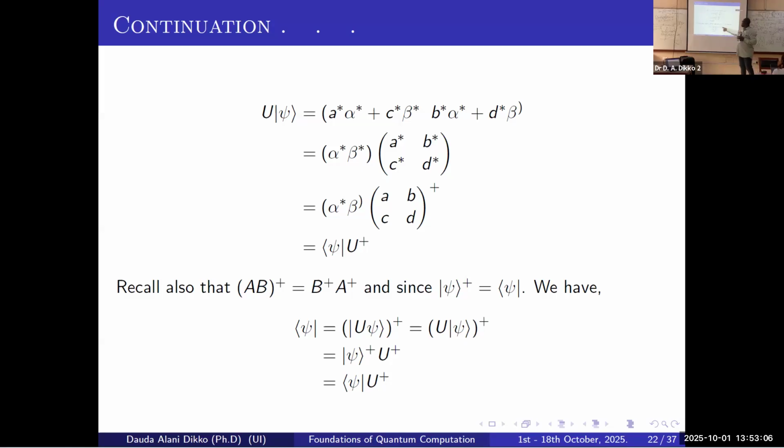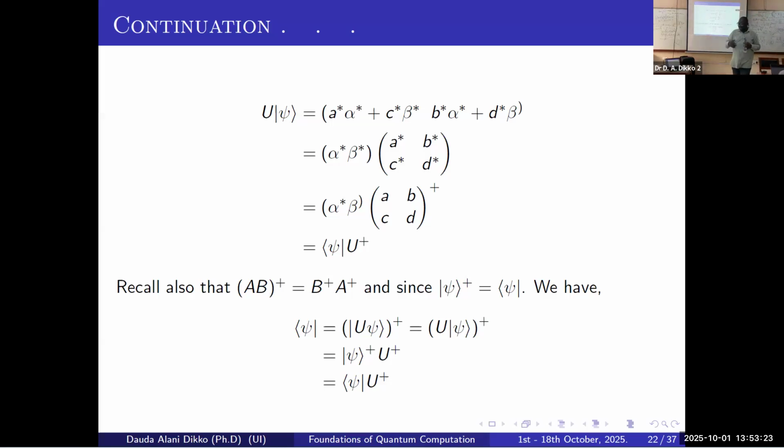So you call the adjoint of a ket phi a bra. And that is exactly what was shown here. So you can look at that and see step by step.